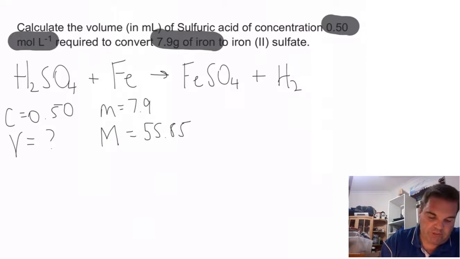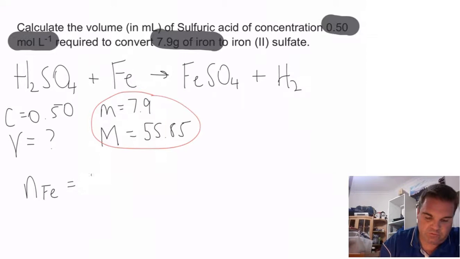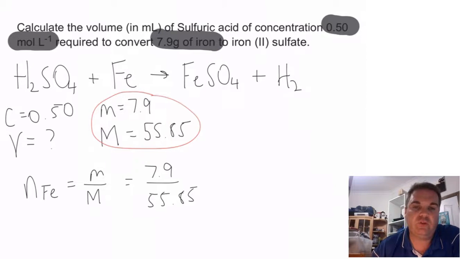Our iron is the known that we're going to calculate. So number of moles of iron equals mass over molar mass, birds over mountains. So 7.9 over 55.85. You can work that out if you're doing this in an exam, but for our purposes at the moment we don't need to, because we're just trying to calculate the volume.